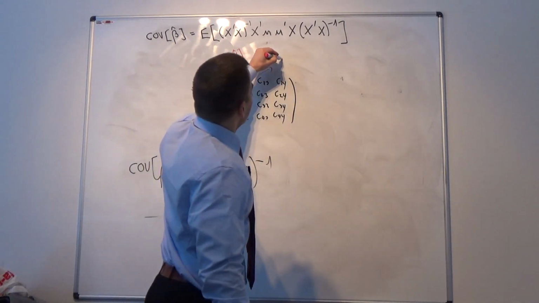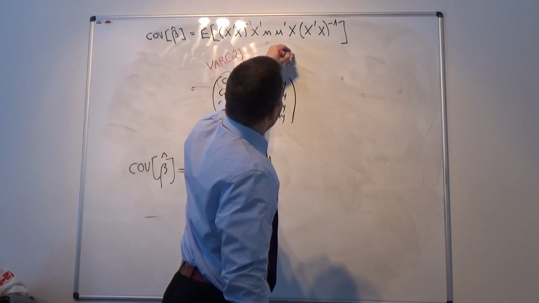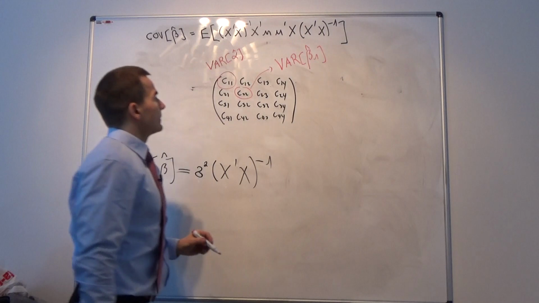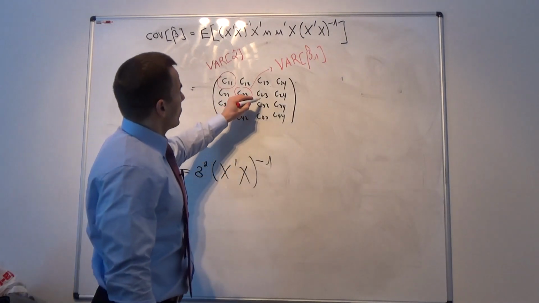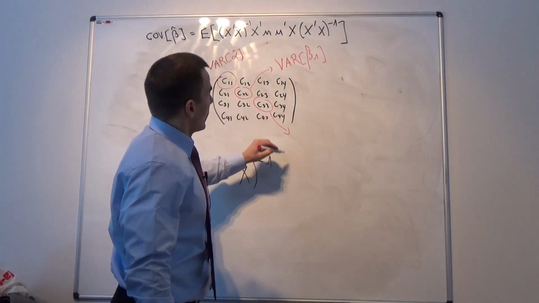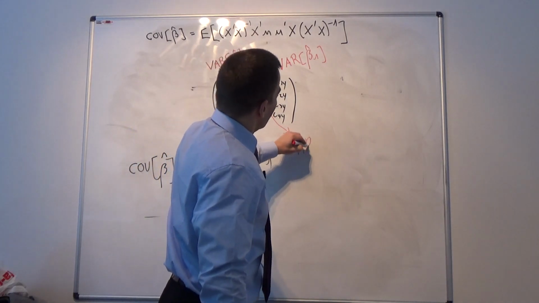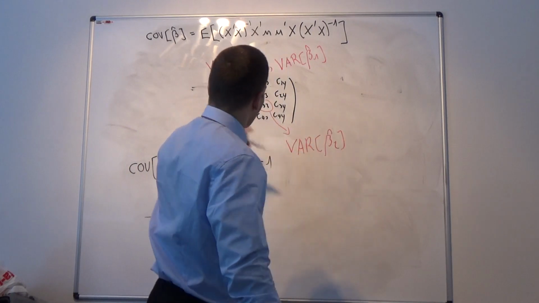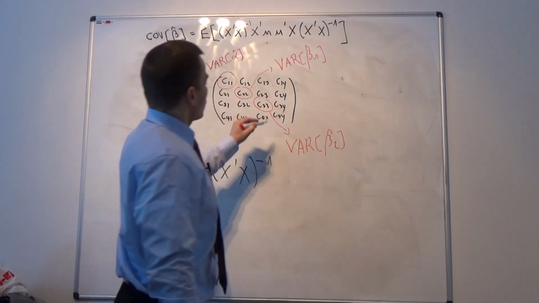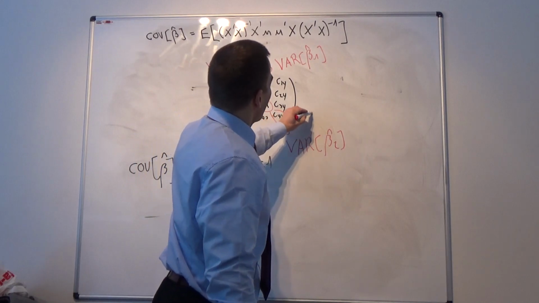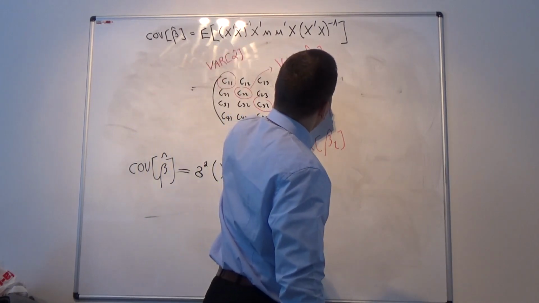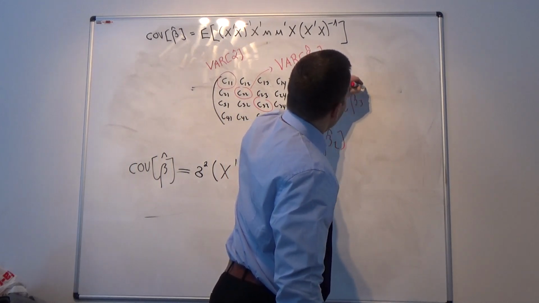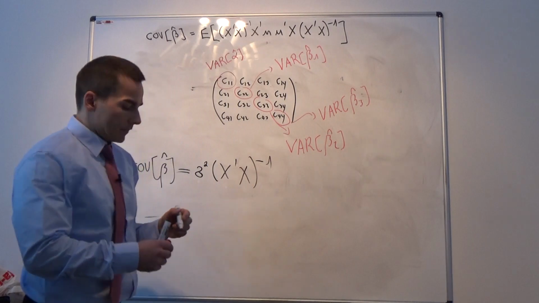That's the variance of our beta hat 1. The third element on the main diagonal is the variance of the second beta, which is the third parameter estimate. And the last one, C44 in that matrix, is obviously the variance of beta hat 3, which is our fourth parameter estimate.